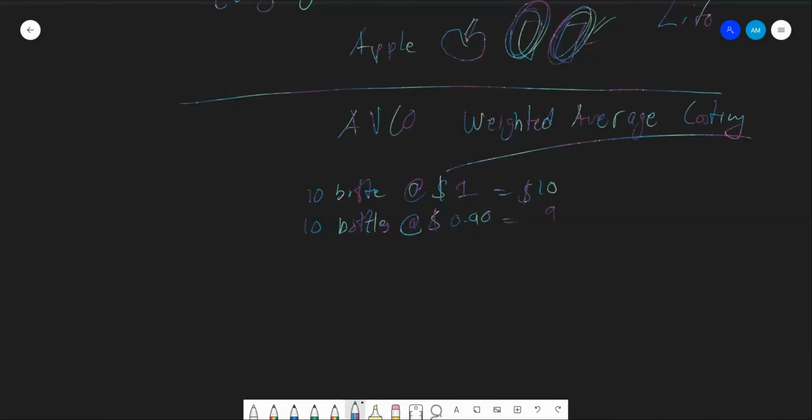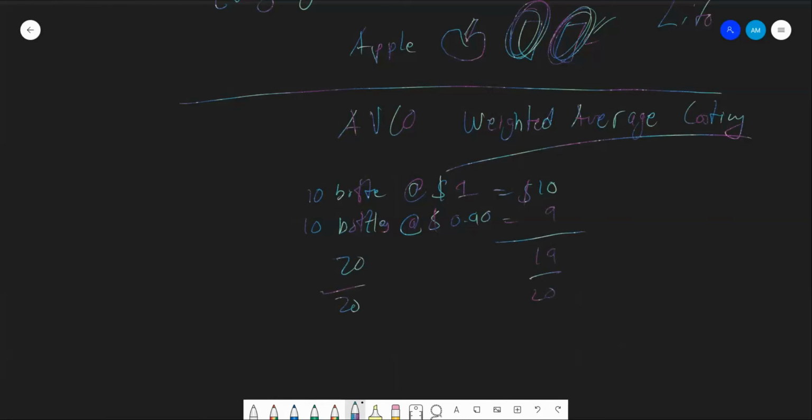That is $9, right? The total of this is 19, and total of bottles is 20 bottles. You just divide this, you divide that. What do you get? Is that how you do it? I think so. I really think so. That's how you do it.